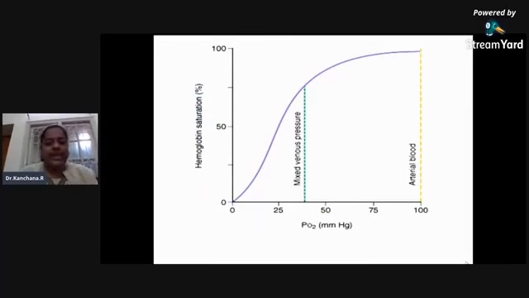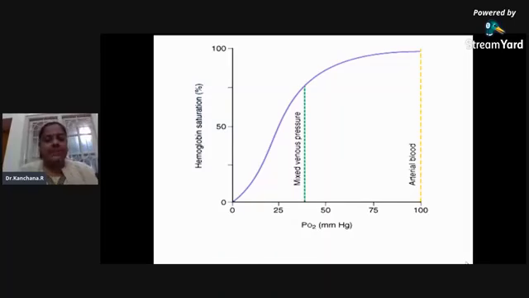The plateau phase is very beneficial. In conditions where lung function is compromised or PO2 levels fall, the saturation amount remains the same. For example, at around 60 mm Hg of PO2, the saturation is around 90%, and it remains so till 100 mm Hg of PO2.